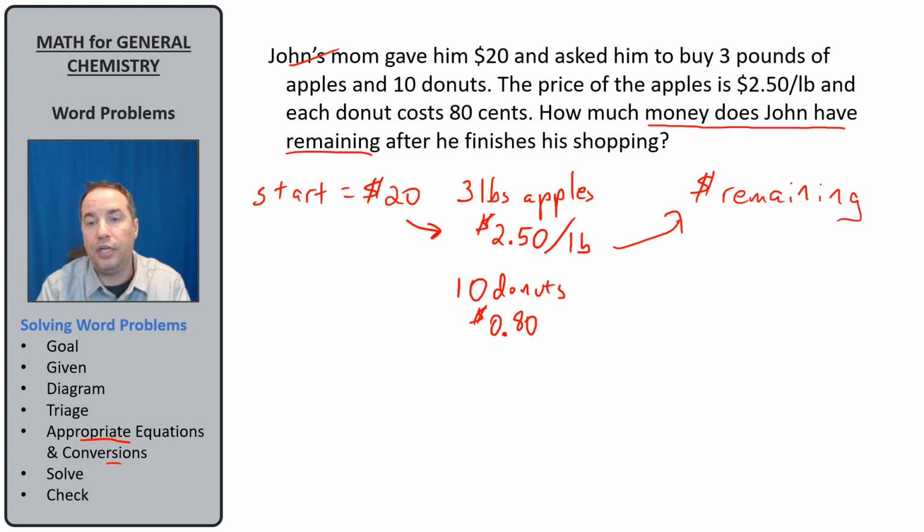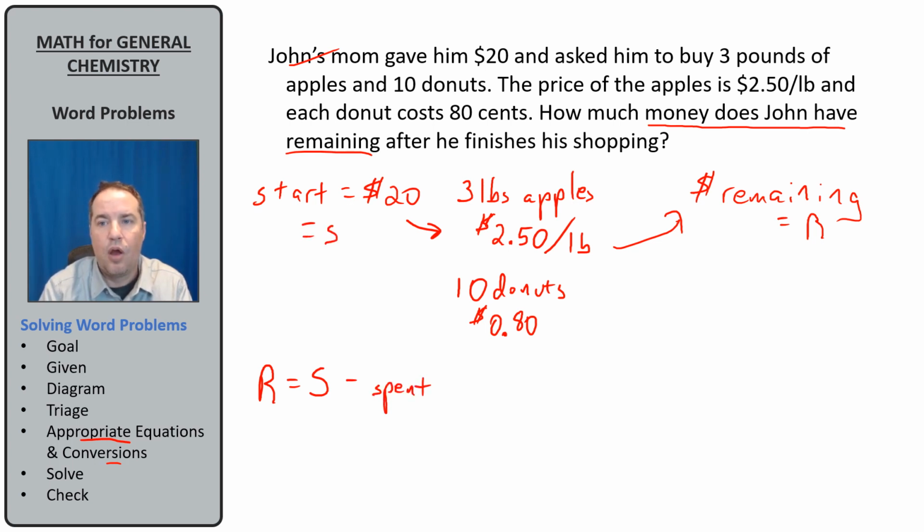The amount he has remaining, I'm going to call that R, is equal to what he started with minus what he spent. We know that was $20 minus however much he spent. Now let's see what else we have. Well, we have another conversion, and I actually already did it. Here, it said it's 80 cents. Based on the fact that I've been spending money for quite a while, I knew that 80 cents equals $0.80, or $1.